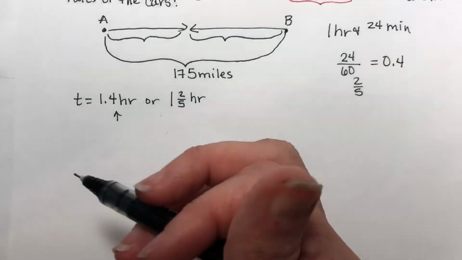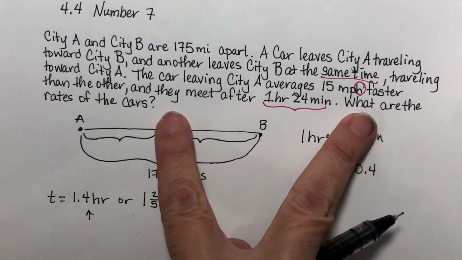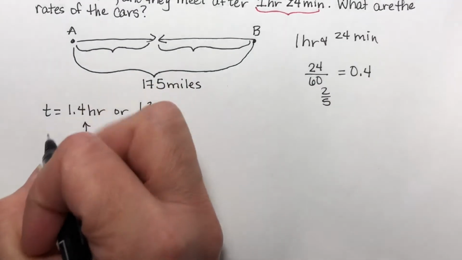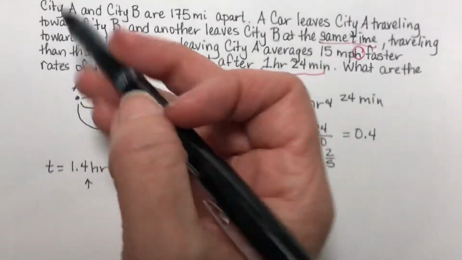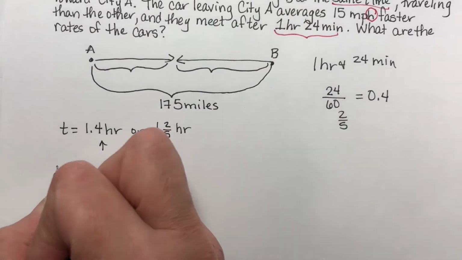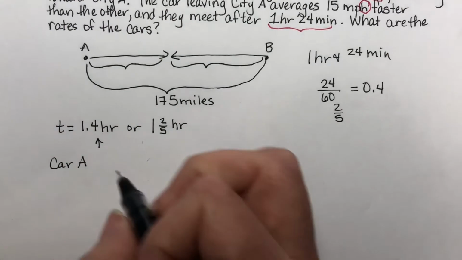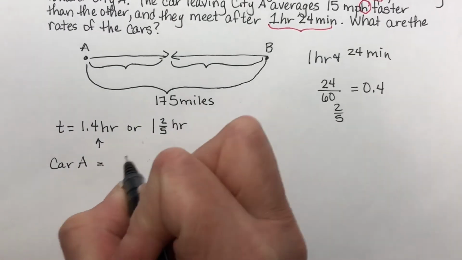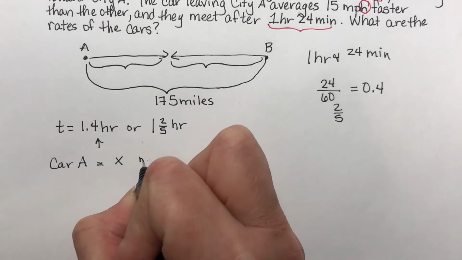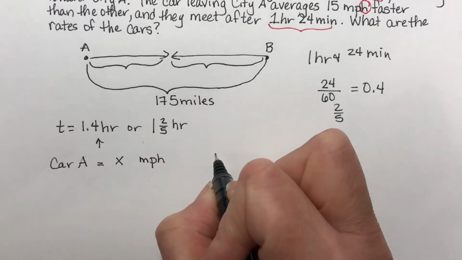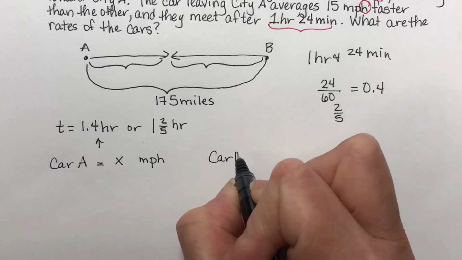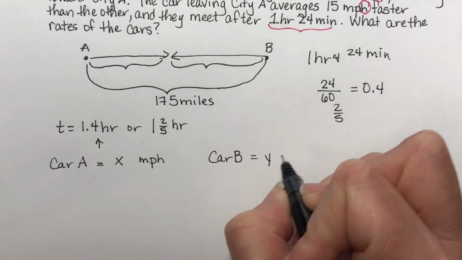We're looking for their two rates. So let's just call this car A and car B. The car that's leaving from City A, let's say this is going x miles per hour, and that car B is going y miles per hour.